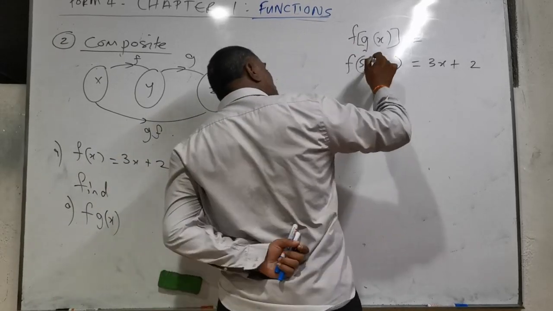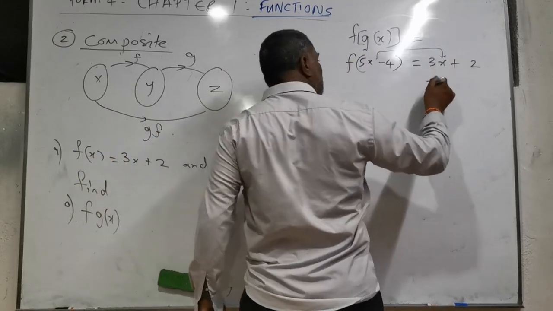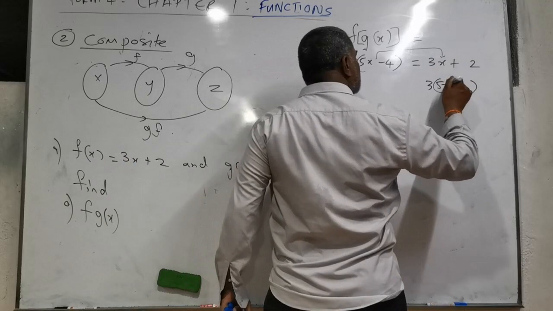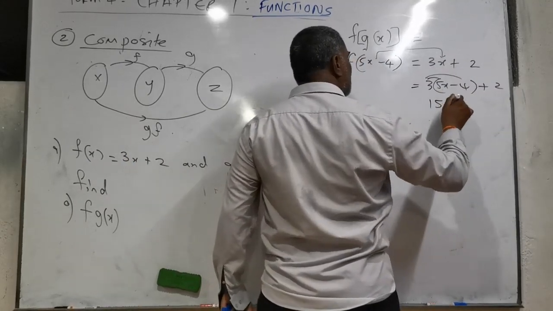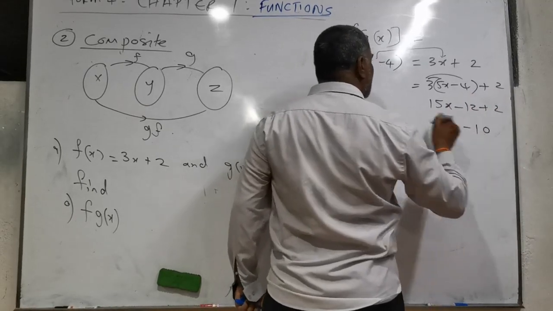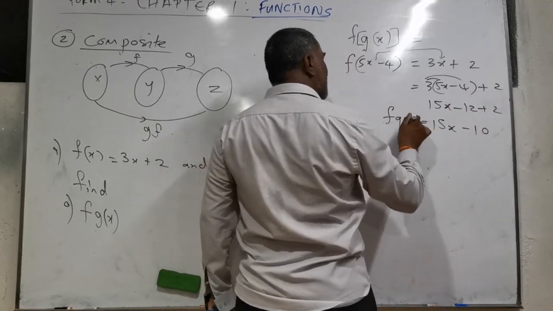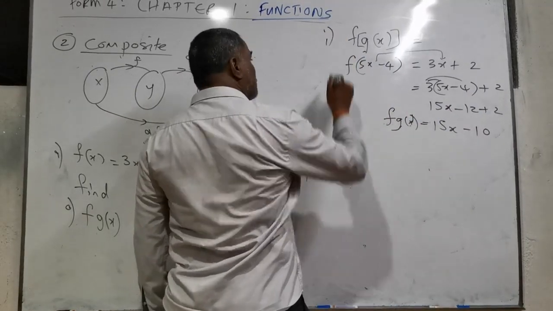So in front of f, we call object. So we substitute into the f. Alright, 3(5x minus 4) plus 2. Then expand, you get the answer 15x minus 12 plus 2, 15x minus 10. This is called fg(x).